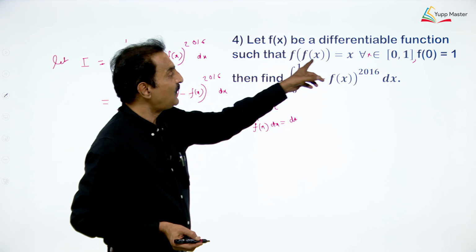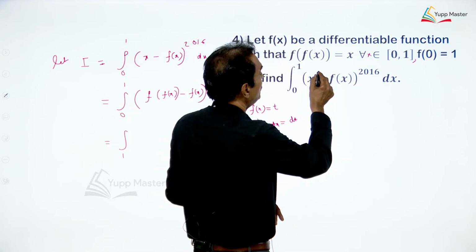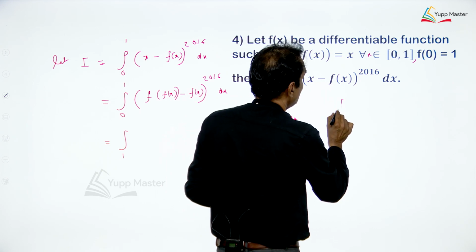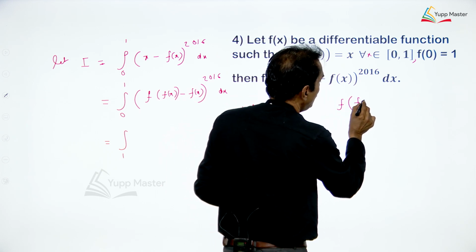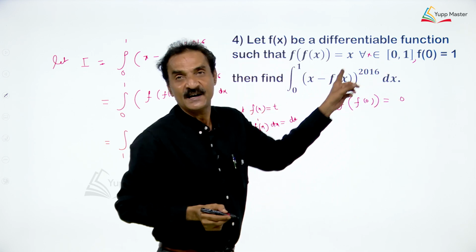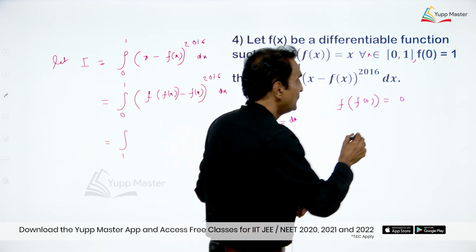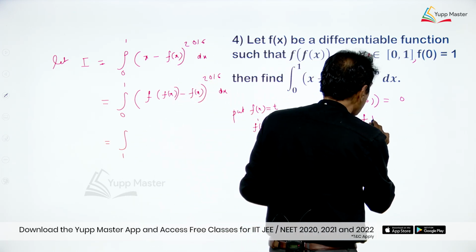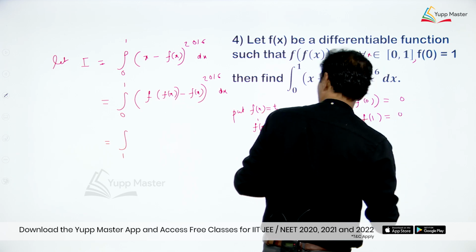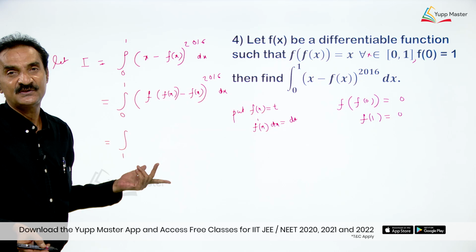You can calculate f of 1 using this. Putting x is equal to 0 on both sides, you will get f of f of 0 is equal to 0. What is f of 0? 1. So, we get f of 1 is equal to 0. f of 0 is 1 and f of 1 is 0.